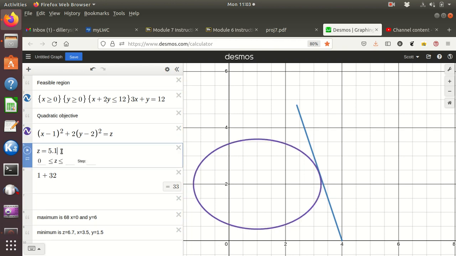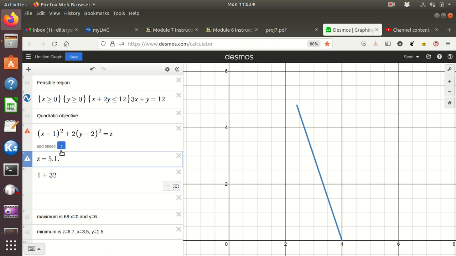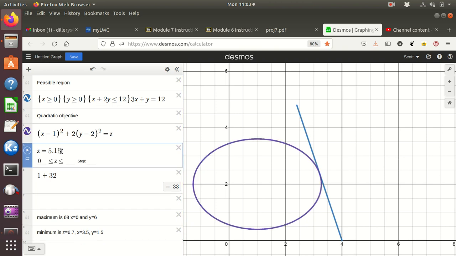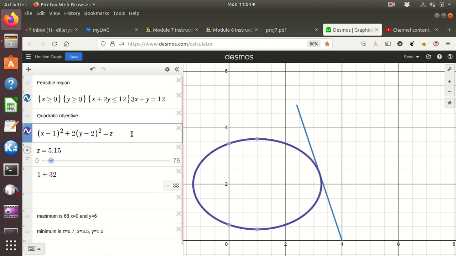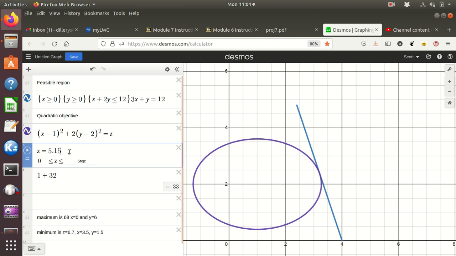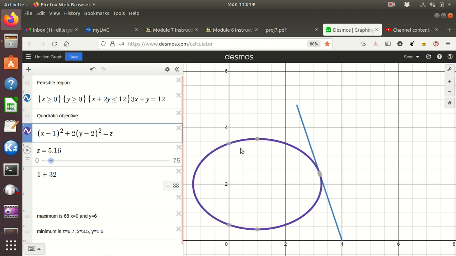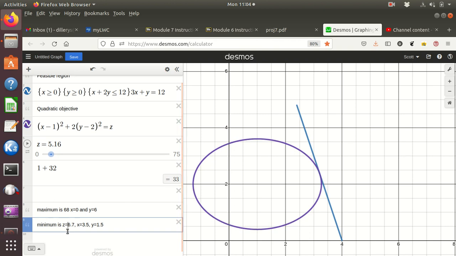So 5.15. No gray dots, so maybe 5.16. And those there, I still have 2 of them. They're pretty close together, but I'm just going to pick one and say, okay, the maximum, or sorry, the minimum. That was the minimum because that was as small an ellipse as I could make.